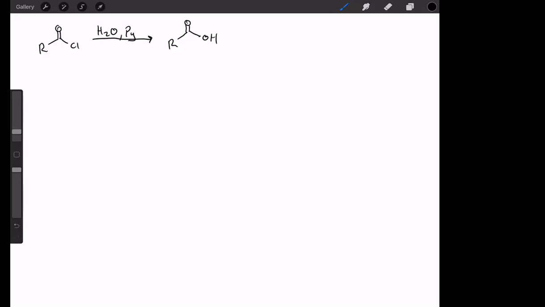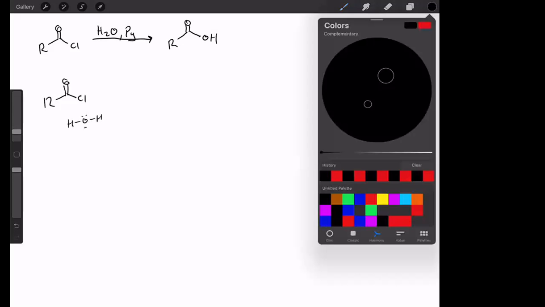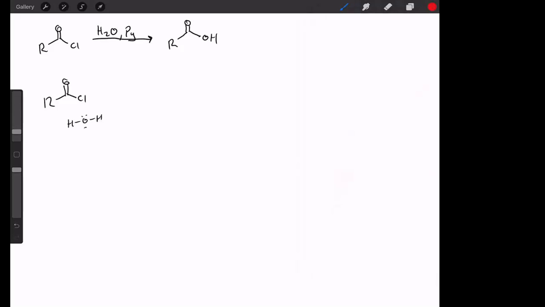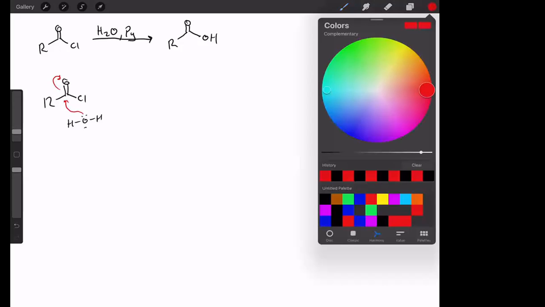Now, the water is essentially the operating reagent, but you'll see in a second why we would use some pyridine. If I have water reacting with the acid chloride, what should I form? A positively charged, negatively charged, or neutral intermediate?